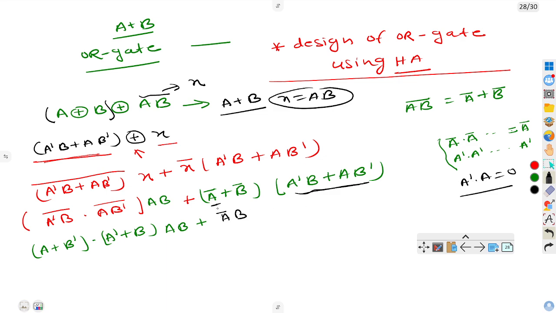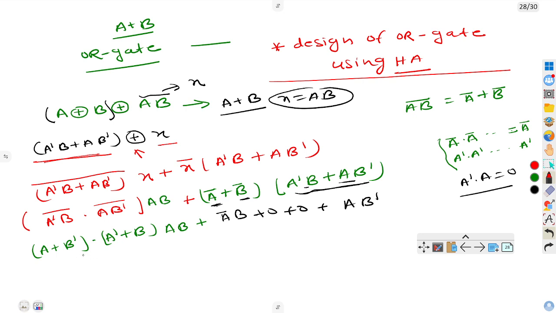This is the Boolean algebra law. So this expression will get 0 if you multiply this and this. A bar into A, no issue. B bar, if you multiply it with 0, overall 0. Also B bar into B is 0, plus B bar is the same. So A into B bar. I hope you are understanding this.